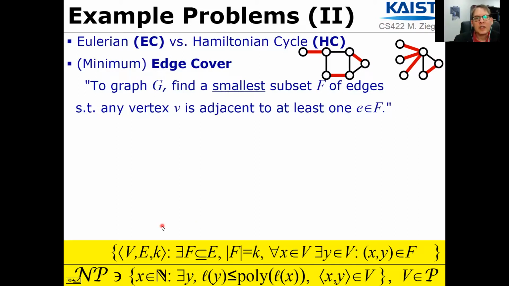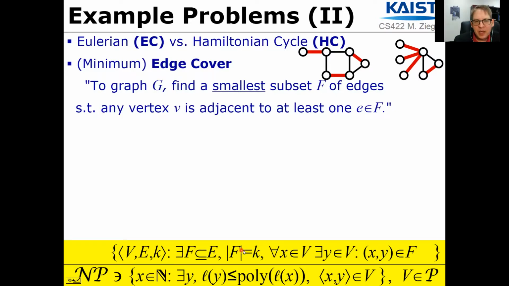So we turn this optimization problem, find the smallest edge cover, into a decision problem by adding a new input parameter k and asking whether there exists an edge cover of size at most k. And now it's a decision problem, right? And this is what you see formulated here.